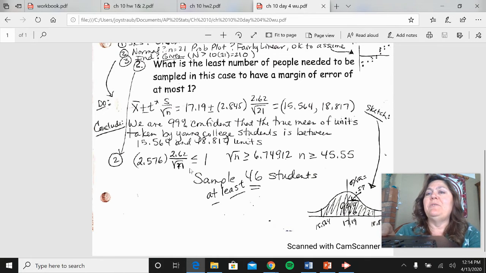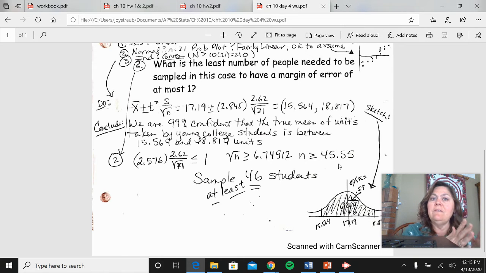Oh no, I cross multiplied, sorry. Times 2.576 times 262, that's that number right there. And then the square root of n times 1 is the square root of n. Since this is coming over to this side multiplying, that's where the greater than comes from: square root of n is greater than. And then square both sides. So you need to sample at least 46 students.